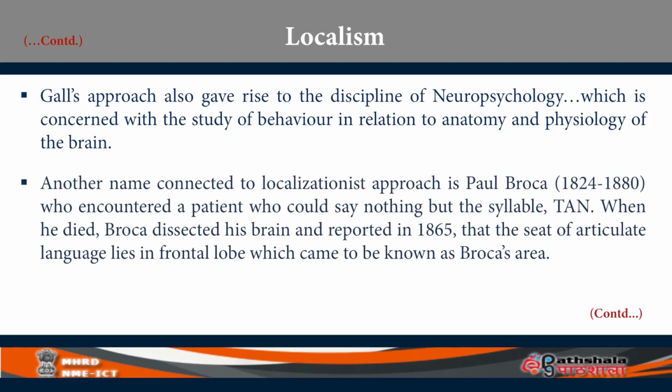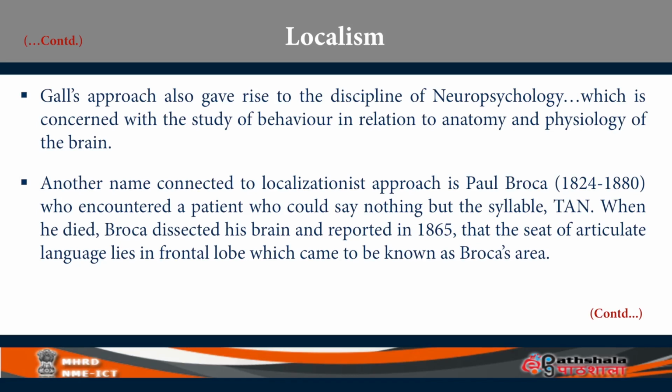Another name connected to the localizationist approach to neurolinguistics is Paul Broca, 1824 to 1880. He encountered a patient who could only say one syllable, "tan". He would just go around saying tan, tan, tan. So when he died, Broca operated on him, dissected his brain and found an area in the brain which is damaged, which obviously is related to his problem of expression.